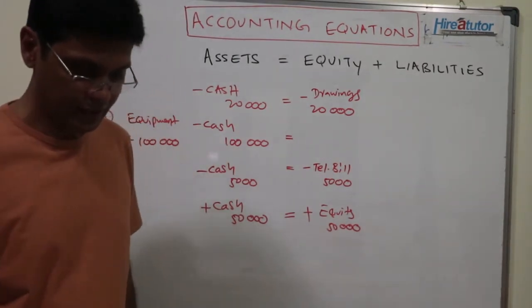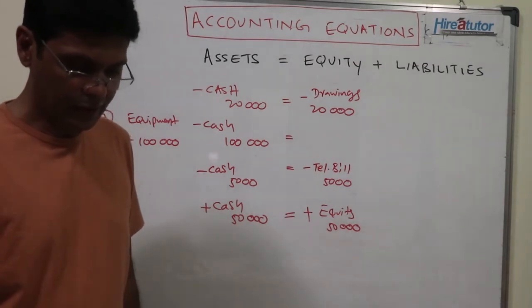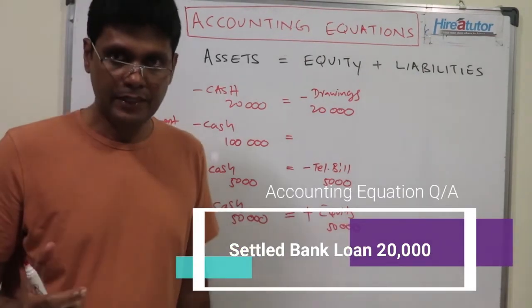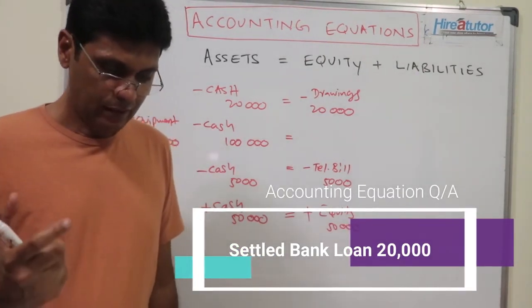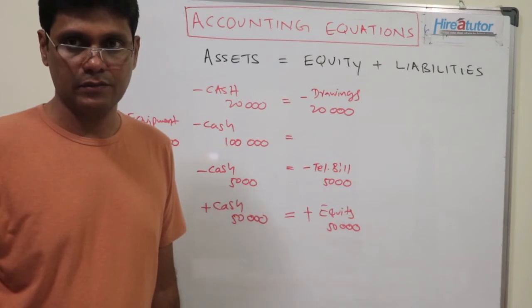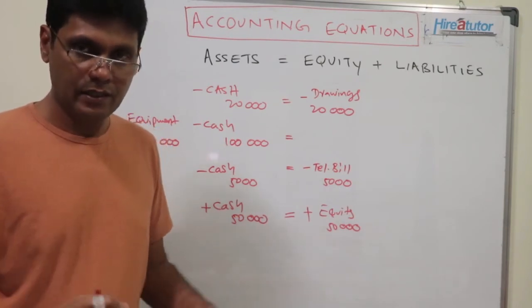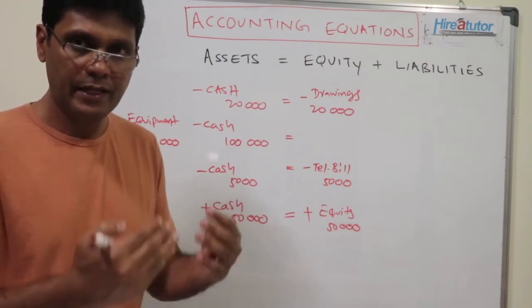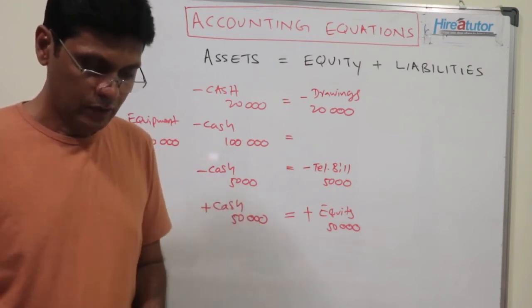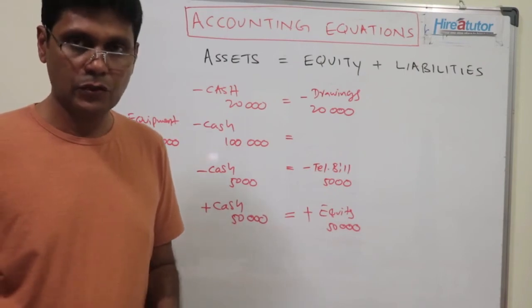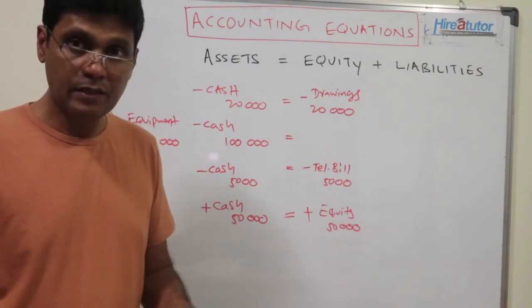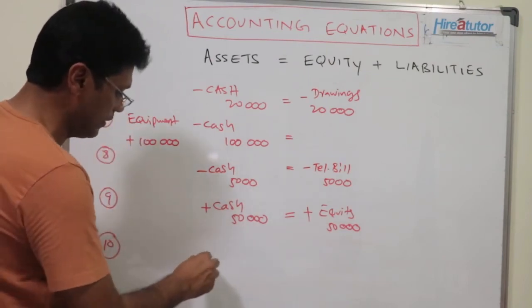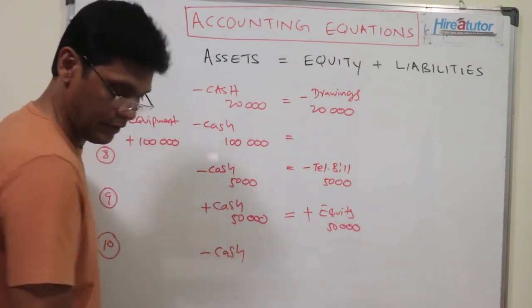The last transaction is settled 20,000 of the bank loan. So initially the company has obtained a bank loan of 200,000. Now the company earned some income. From the income it has to repay its bank loan. Now settle 20,000. So since there is a settlement, there is a cash outflow. The asset will reduce by 20,000.